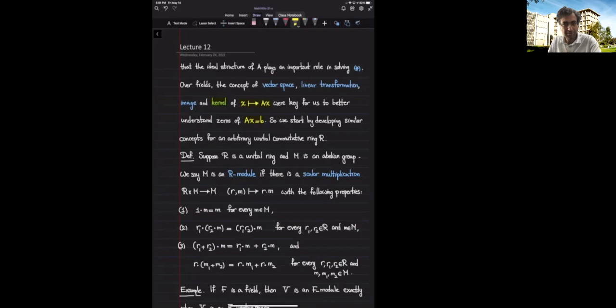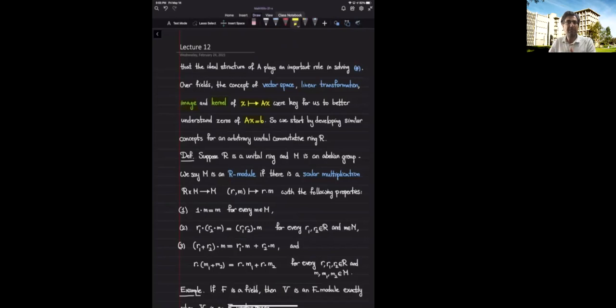Of course, image means: does b belong to the image of A, so that one also plays an important role. So what I'm saying is that in linear algebra, meaning linear equations with coefficients over a field, the concepts of vector space, linear transformation, image of a linear transformation, and kernel of a linear transformation can help us a lot in order to understand equations of the form Ax equals b.